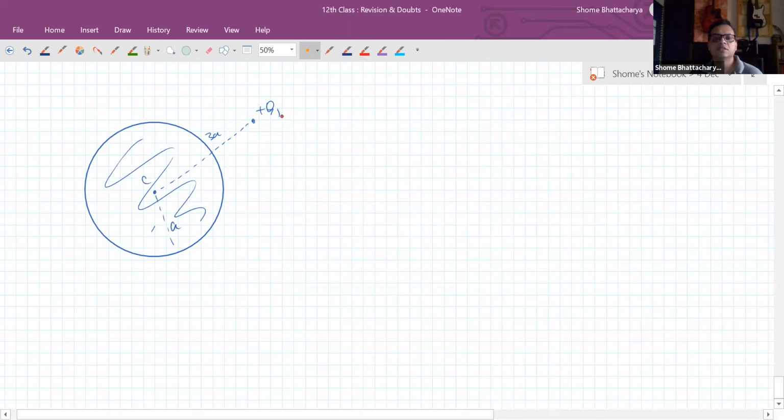So what would happen as a result of this? There would be some distribution of induced charge, negative over here, but positive on the other side. This kind of distribution of charge would have occurred. Okay. So the electric field lines would now be like this.